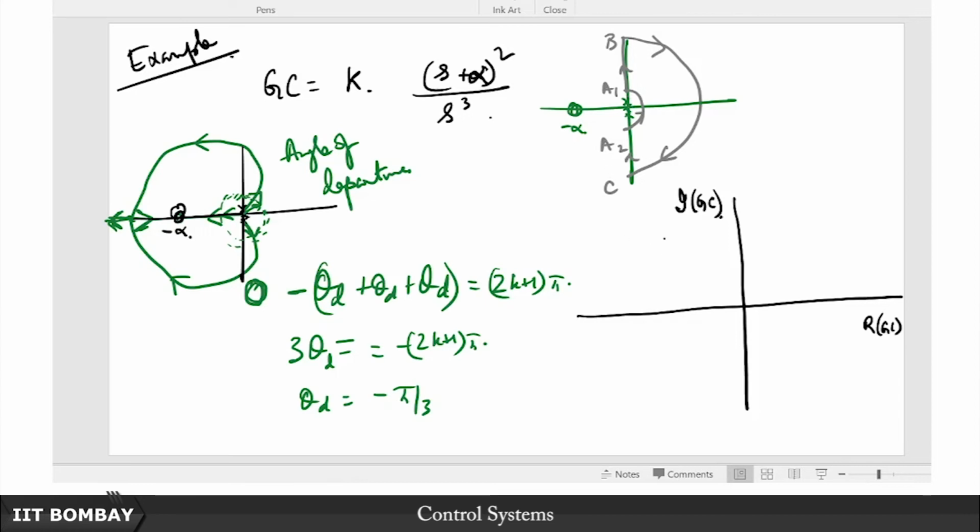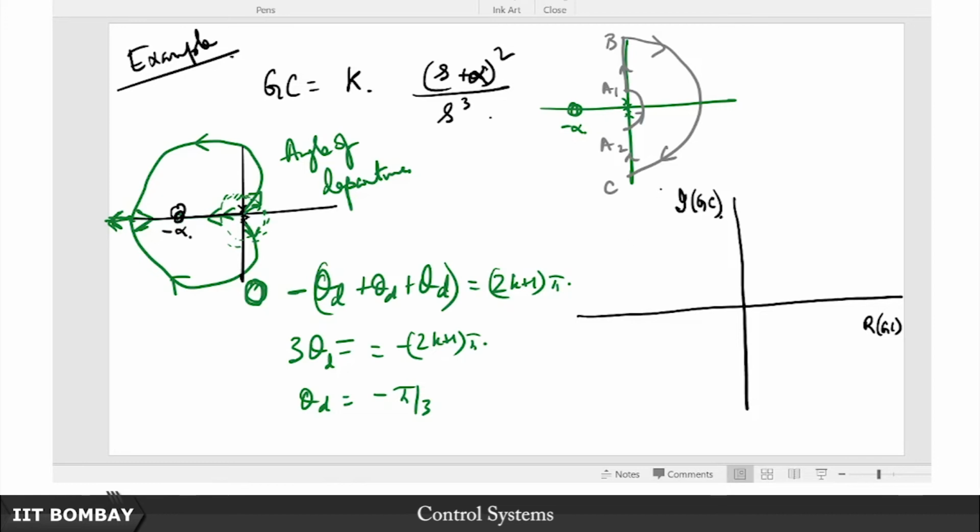Minus 270 means it is going to rotate clockwise from this reference line, the positive real axis. A clockwise rotation of 270 degrees is 3 quadrants: this is 90, then 180, then 270.